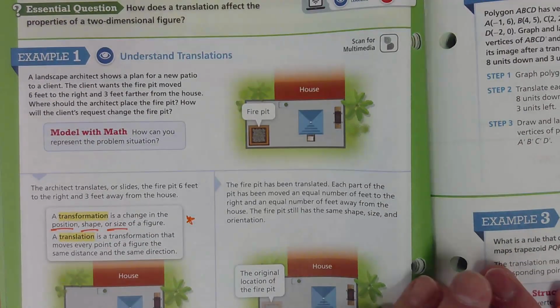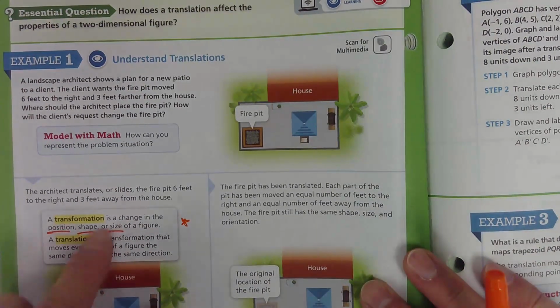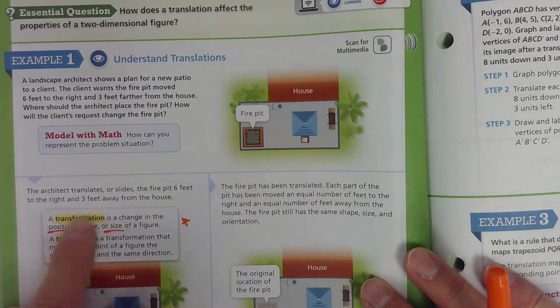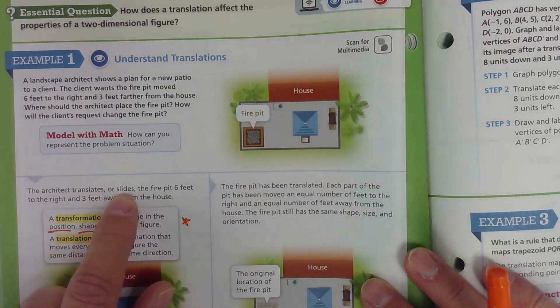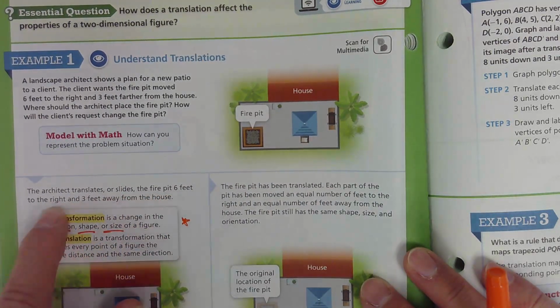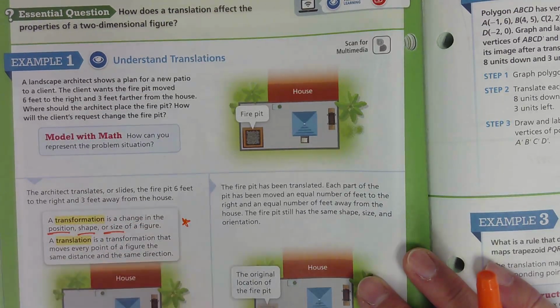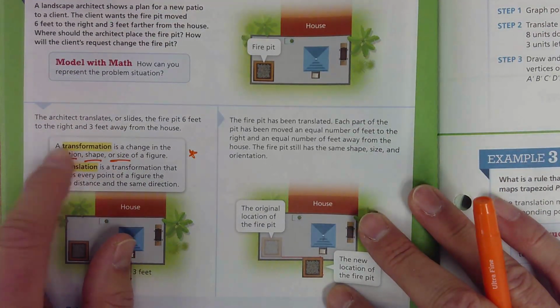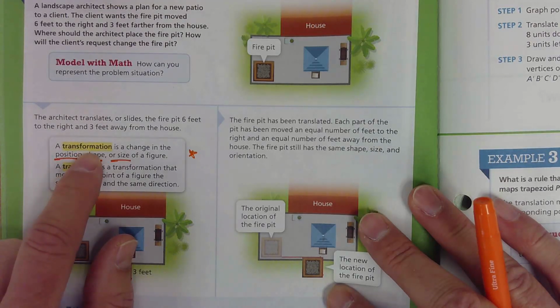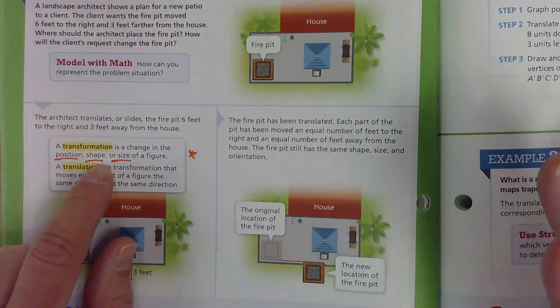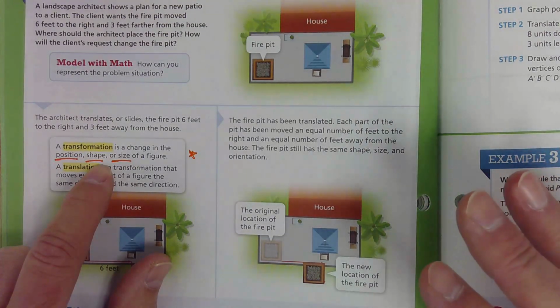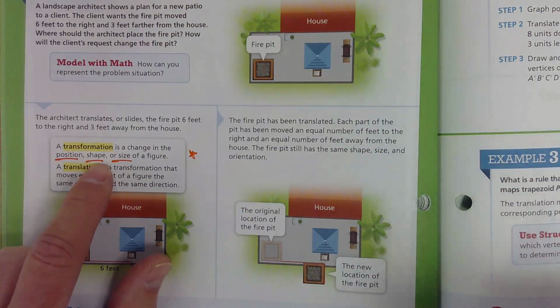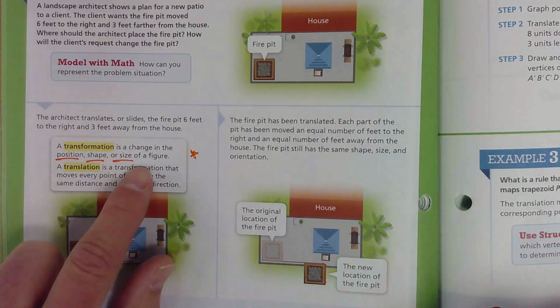So for example, number 1 here, they're talking about moving a fire pit or something. It says the architect translates or slides the fire pit 6 feet to the right and 3 feet away from the house. And this is important to remember, and we've talked about this before. A transformation is a change in not only the location, but it could be a different shape or size of the figure.